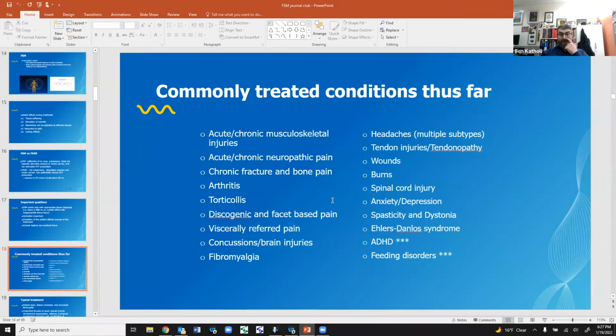So this is the short list of the stuff we've treated with it. It depends on the practice. The people that are doing this include MDs, DOs, PT, OT, speech, psychology, massage therapists, and some nurses.